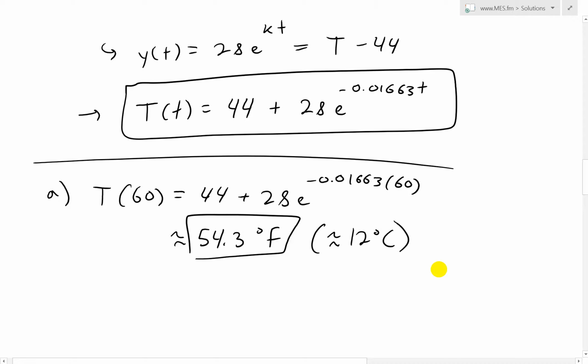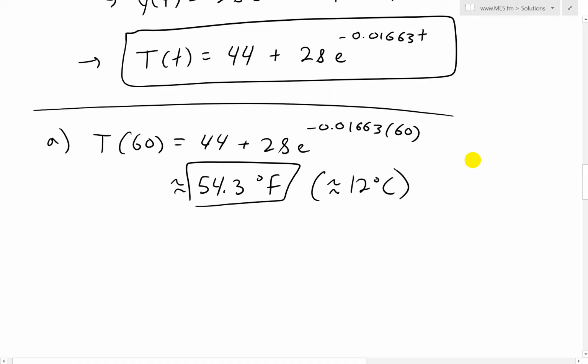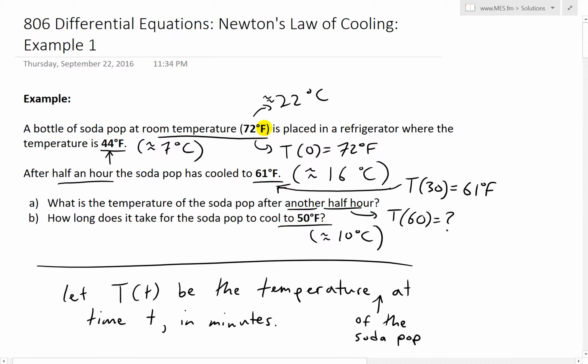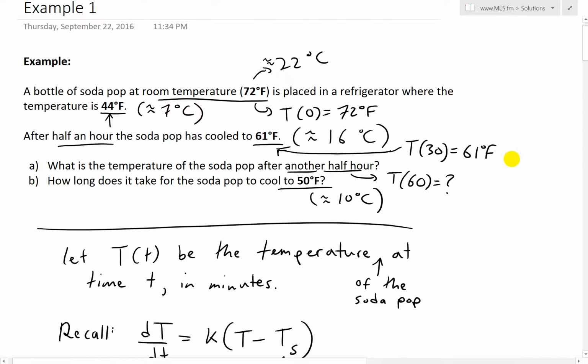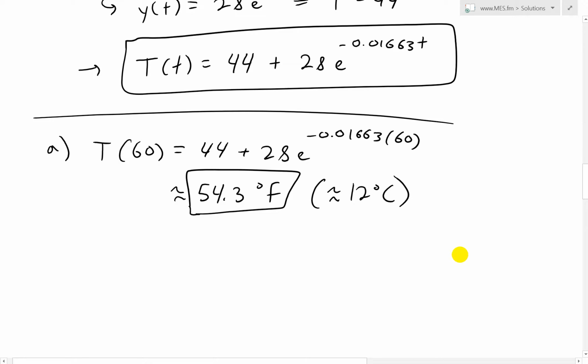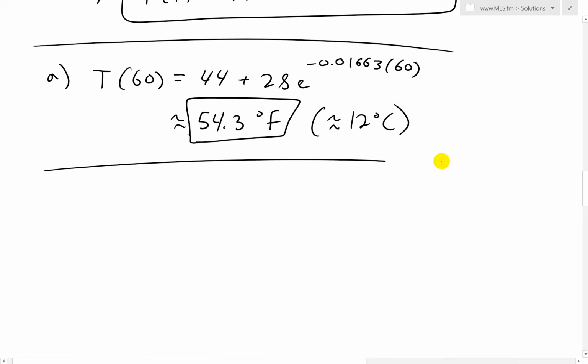So after another half hour, or a total of 60 minutes, or 1 hour in the fridge, the temperature dropped from room temperature of 72 degrees Fahrenheit, or about 22 degrees Celsius, all the way down to 54.3 degrees Fahrenheit, or about 12 degrees Celsius.